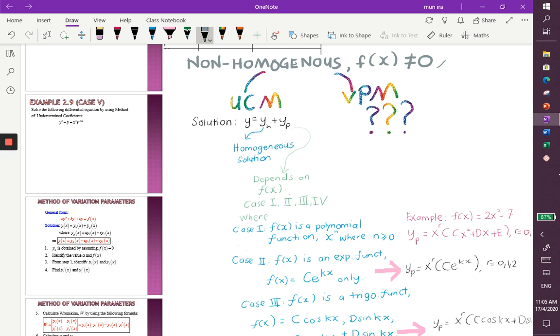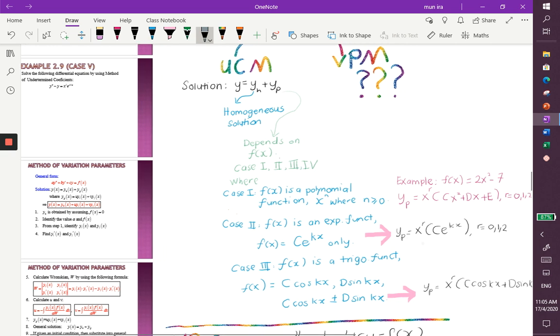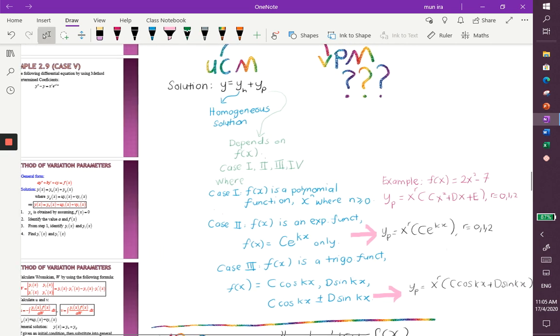This yP depends on the type of your f(x). It can be case 1, case 2, case 3, up to case 5. Case 1, the fundamental one: f(x) is a polynomial function of x to the power of n, where n is equal to or greater than 0.